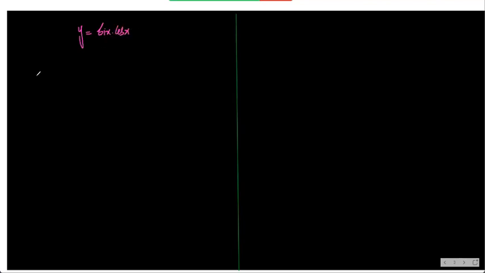You have to find the derivative of this one. You can see it in the solution. In step number 1 you have to write: given y is equal to sin x into cos x.